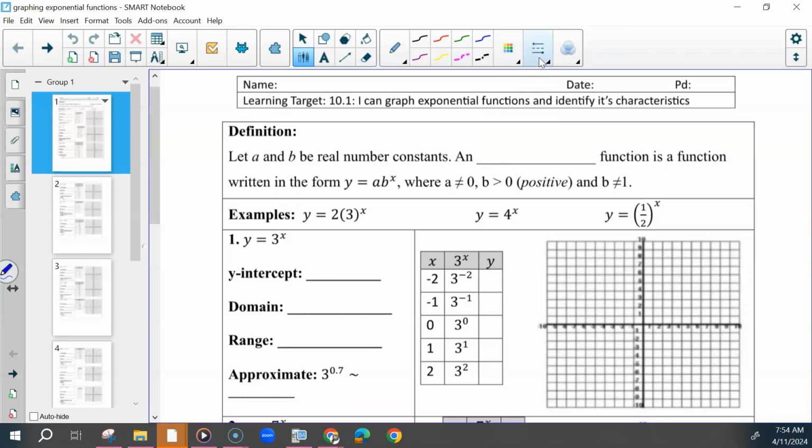So for this, we're going to let a and b be some real number constants, and this is going to be an exponential function, written in the form y equals a times b raised to the x power, where a does not equal 0, b is greater than 0, so it's positive, and b can't equal 1.